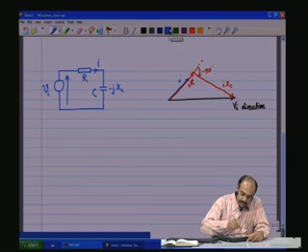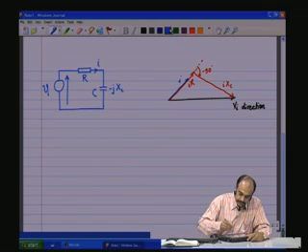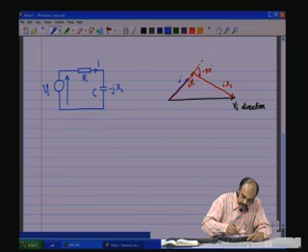Just to recap, note one point, this j here can be treated as an operator called the j operator.